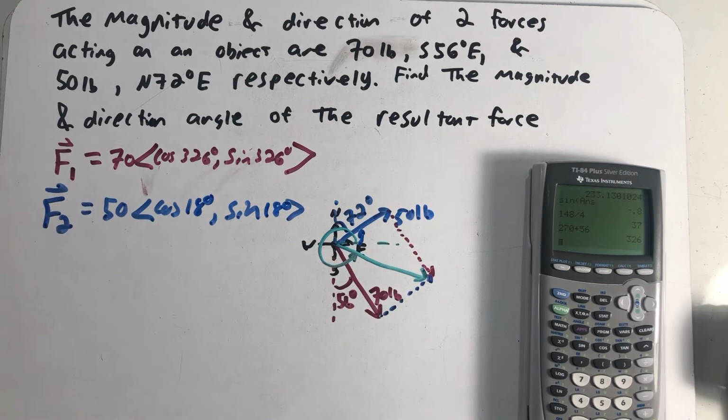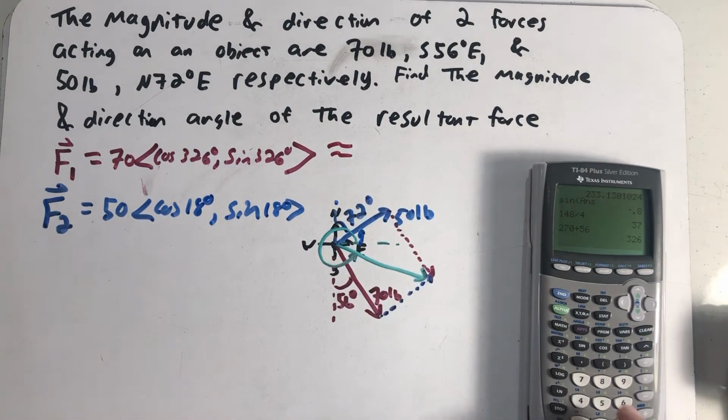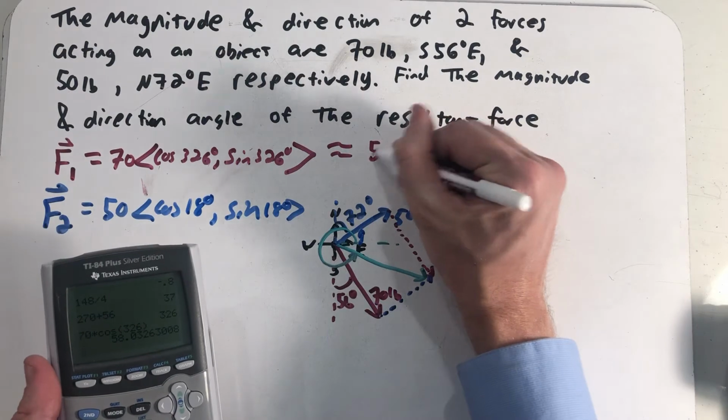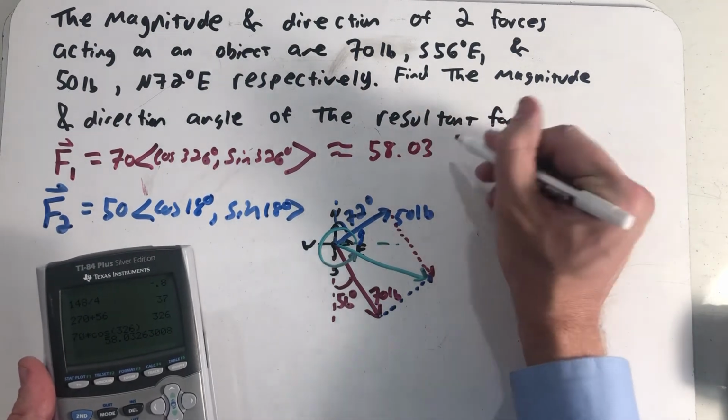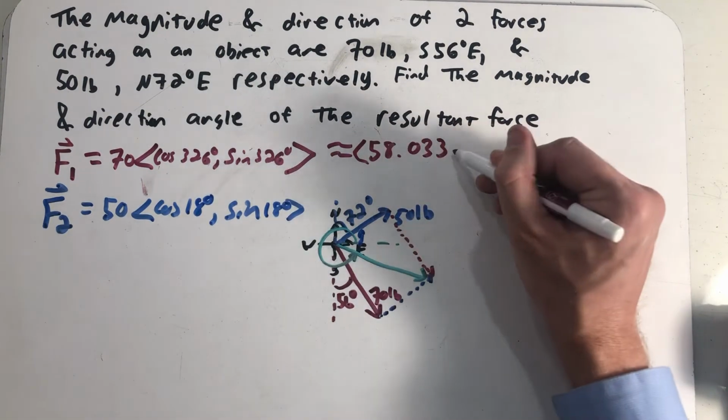All right, so what I'm going to do now is write down force 1 approximately. So the x component, 70 times the cosine of 326, is about 58.033 in the i direction.